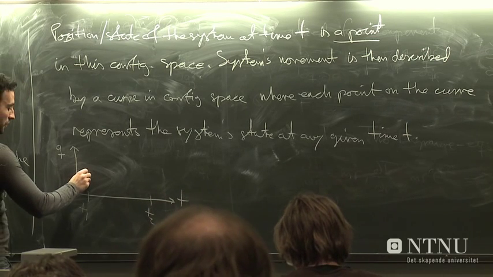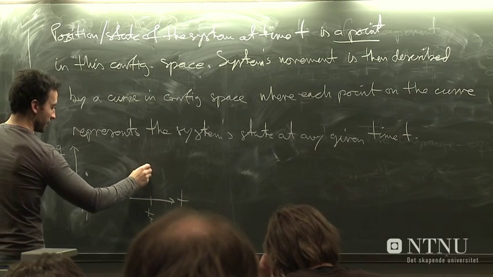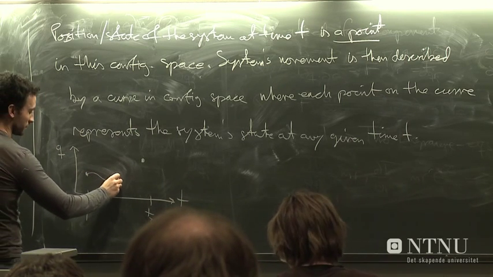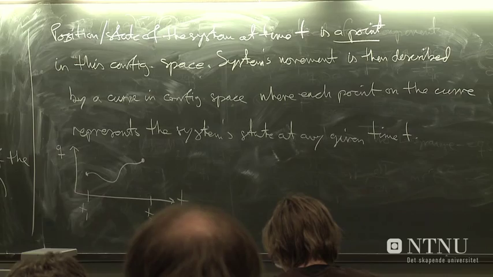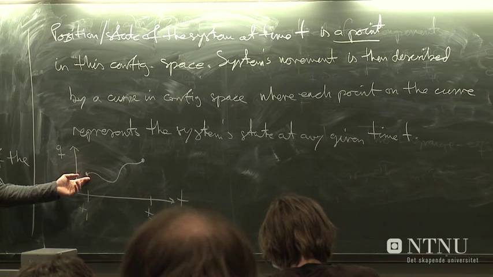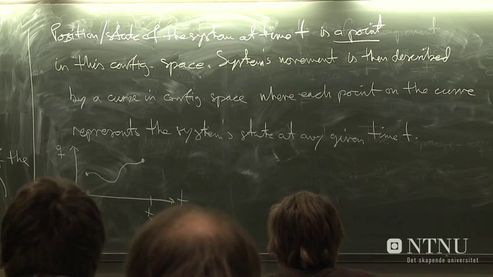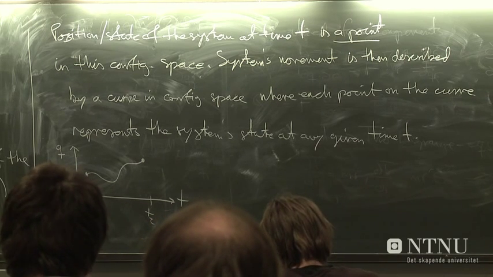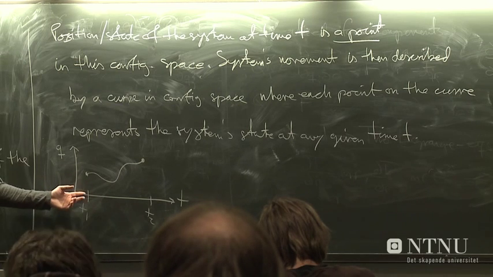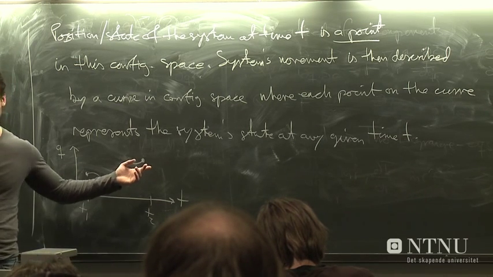Let's say the system starts here and ends up here, and it goes from t1 to t2 in this manner. So for just one generalized coordinate q, we can visualize this quite easily. It's just the position of the particle or the system and how this changes with time.